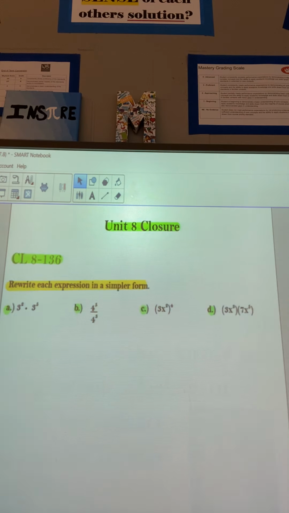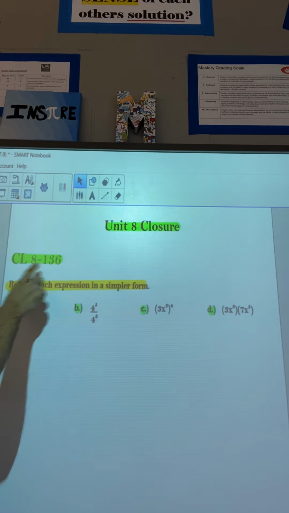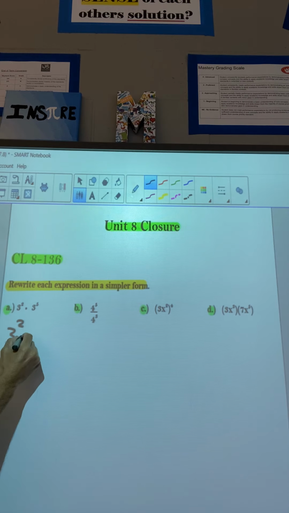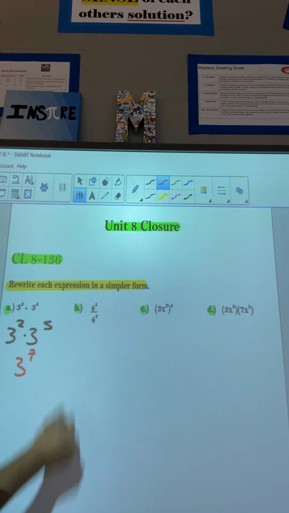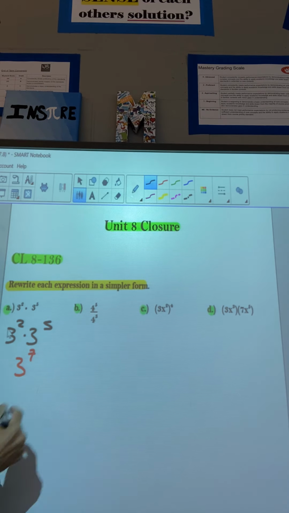Okay, let's get going. We're going to start with 8-136 into closure. We're going to do the first problem. We have 3 squared times 3 to the 5th. If you remember, when we're multiplying, what do we do to the exponents? Yep, we should be adding, so just 3 to the 7th. Okay, up here we have 4 to the 5th over 4 to the 3rd.